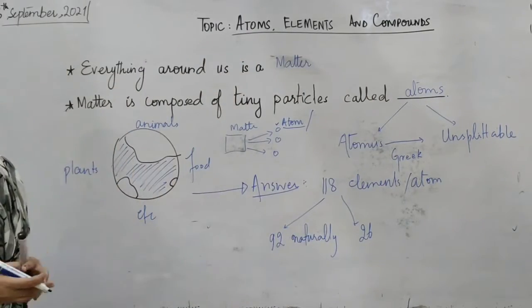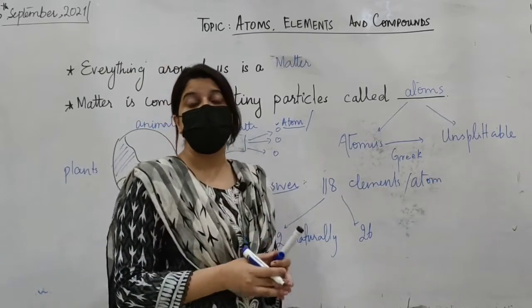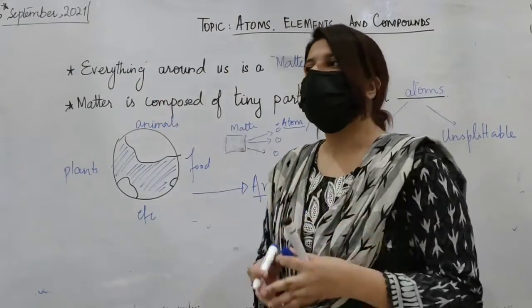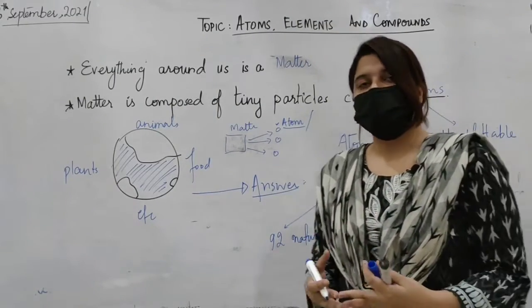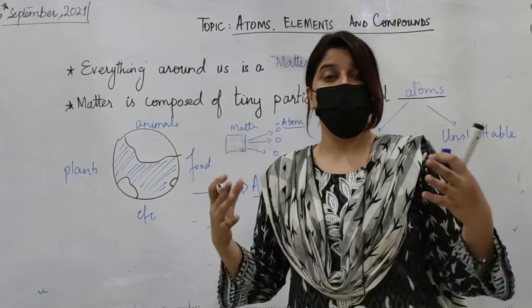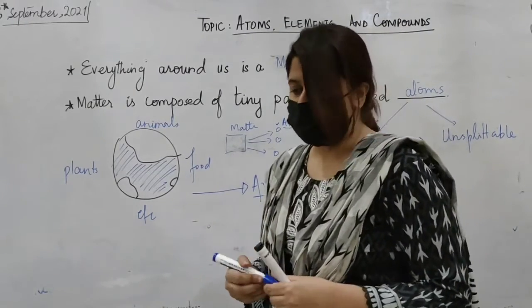Now back to the question: why do they behave differently? Because there are 118 atoms and all these atoms rearrange themselves. They form different combinations, and those different combinations give you different substances.